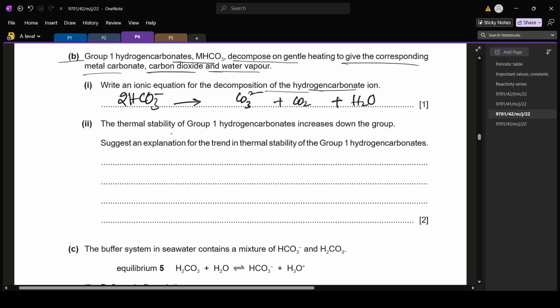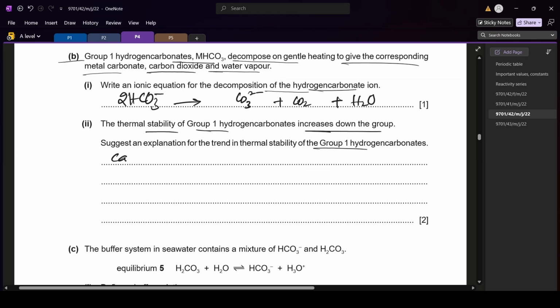The thermal stability of group 1 hydrogen carbonates increases down the group. Suggest an explanation for the trend. Why does thermal stability increase down the group? Because down the group the cationic radius increases, so the charge density of the metal ion decreases, so there is less polarization of the anion, and when there is less polarization, it means the bond is strong.